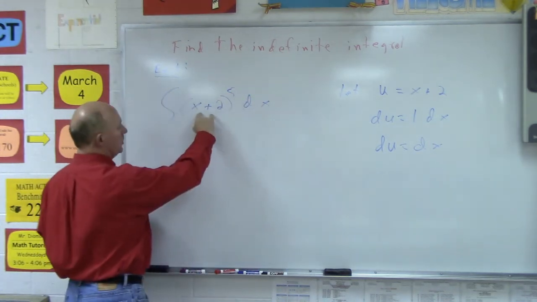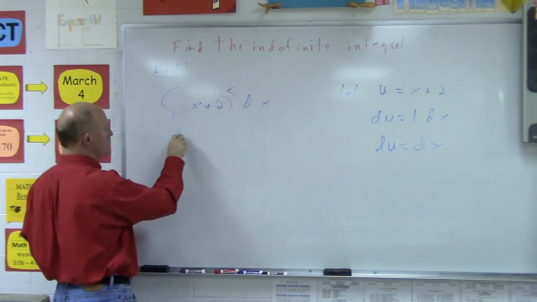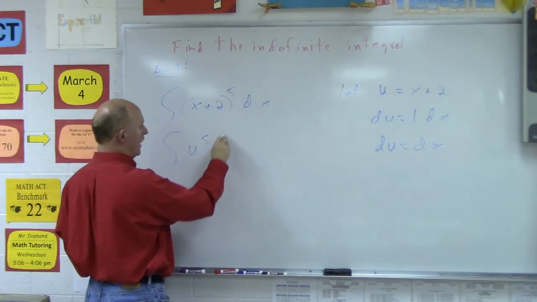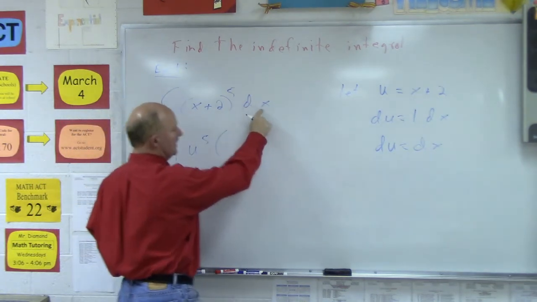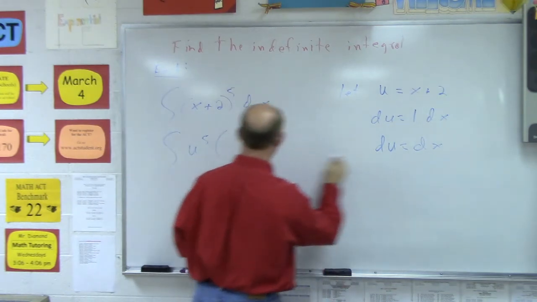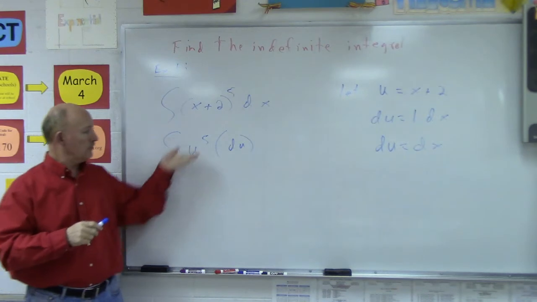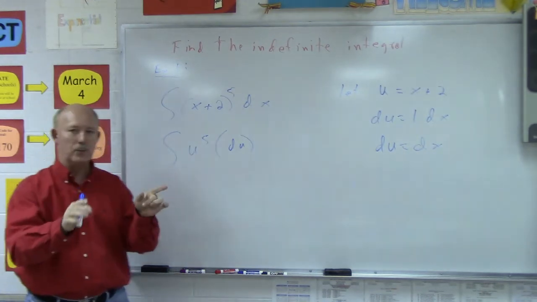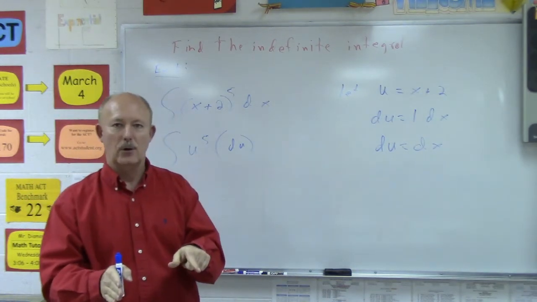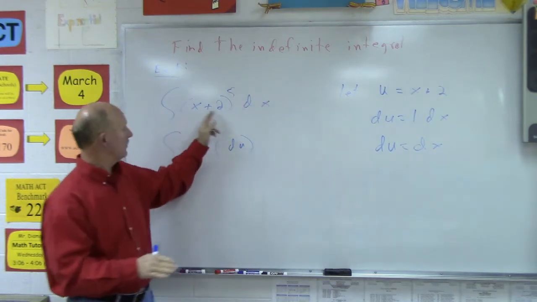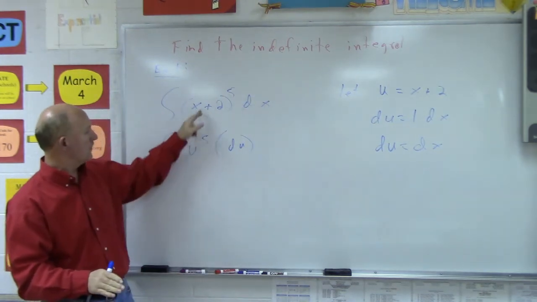First, let's get rid of the x plus 2 by substituting u in, so it'll be u to the 5th power times, and remember, dx is equal to du, so times du. This is what the integral becomes when we change the variable. So not only do you have to substitute u in for the x plus 2, you also substitute for dx.